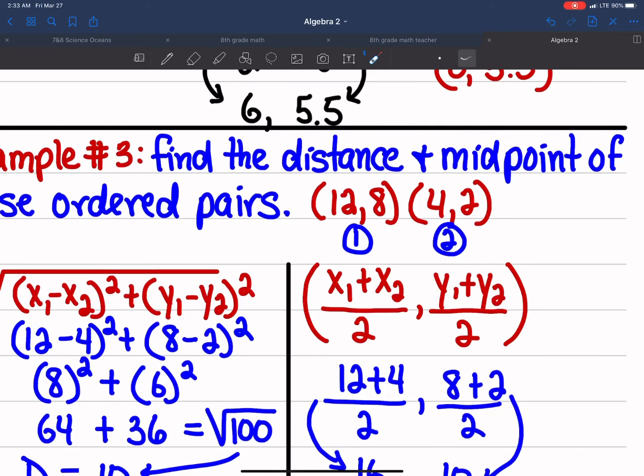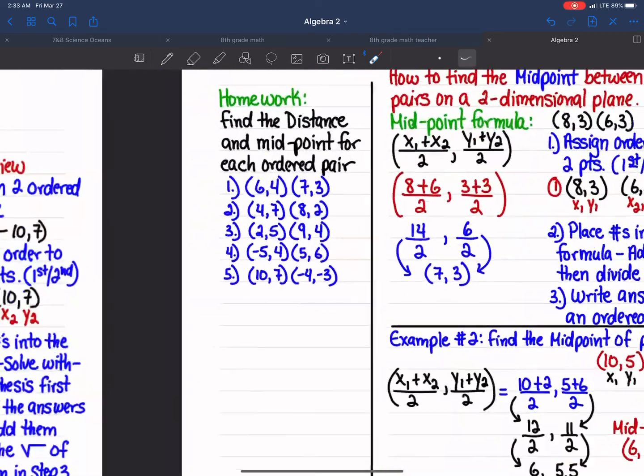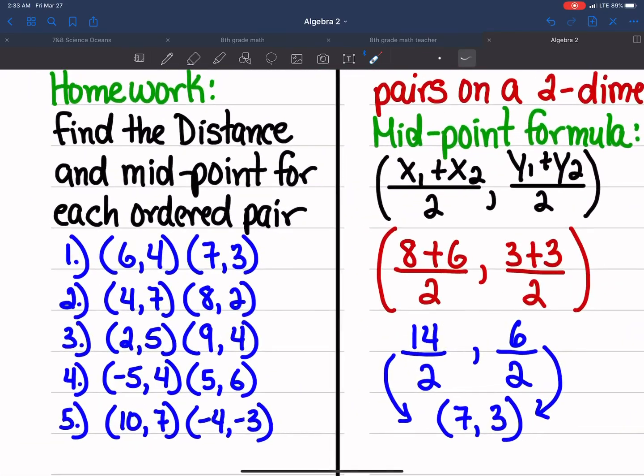And so I have an early Christmas present. Yay! And here it is. Voila! Your homework. What you are going to do is take these two formulas for distance and midpoint, and you will find the distance and the midpoint for each one of these.